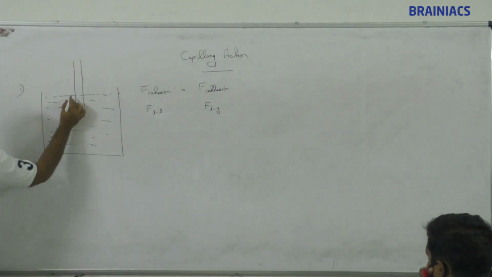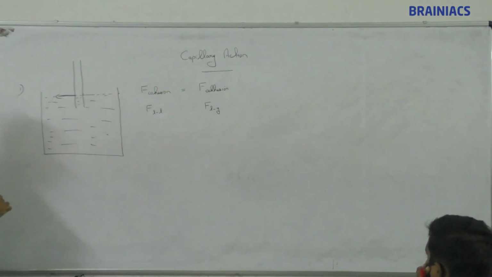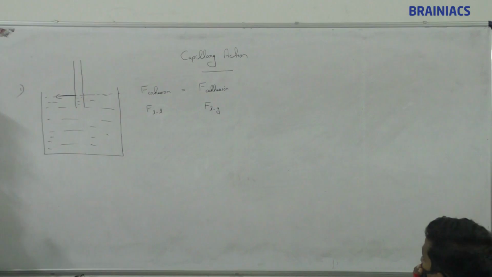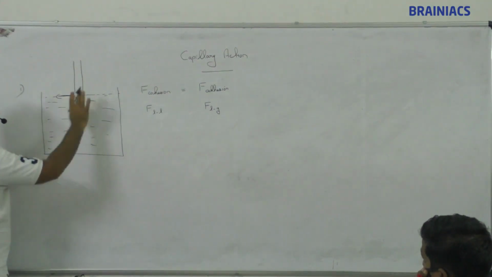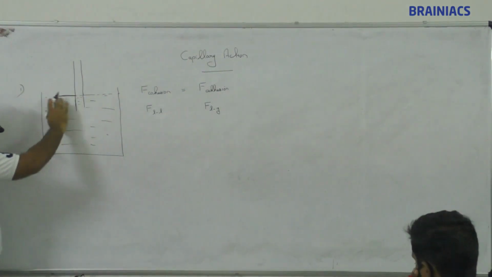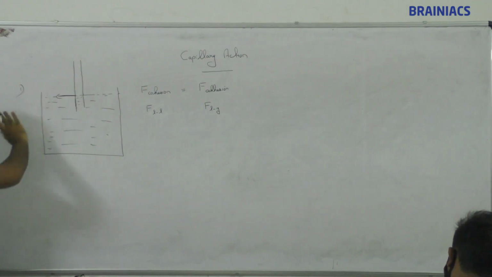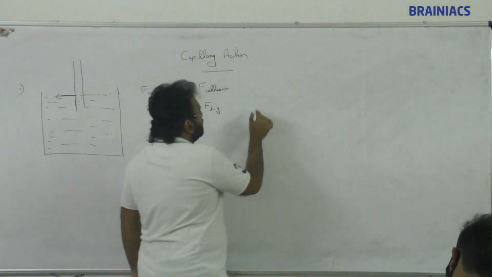Suppose this is the direction of force of cohesion, then the net force is all in this direction, so there is no meniscus, nothing.